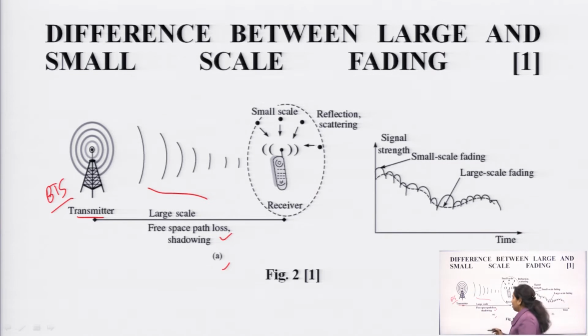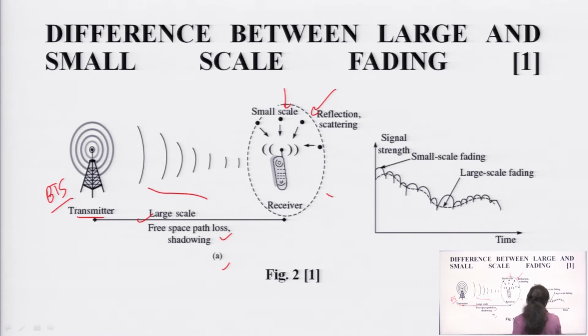So, this is the free space path loss, this is the signal that has been radiated, and this is small scale fading, meaning the transmitter exists at a very small distance from the mobile phone. In case of large scale fading, the distance between the transmitter and receiver is quite large. So, both are characterized based on the distance d between the transmitter and receiver.